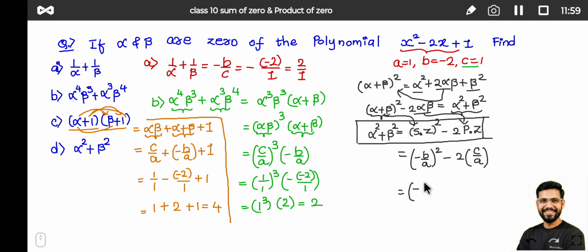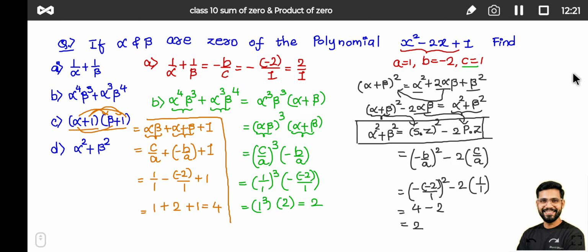So minus the value of b, which is minus 2, upon a is 1 the whole square, minus 2 times c upon a is also 1. So minus minus becomes plus, 2 square which is 4, 1 square which is 1, no need to write, minus 2 into 1 which is 2. So 4 minus 2, our answer is 2.